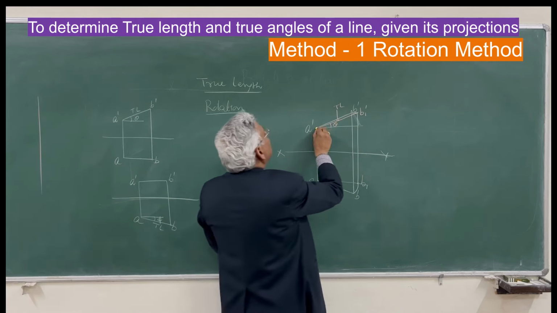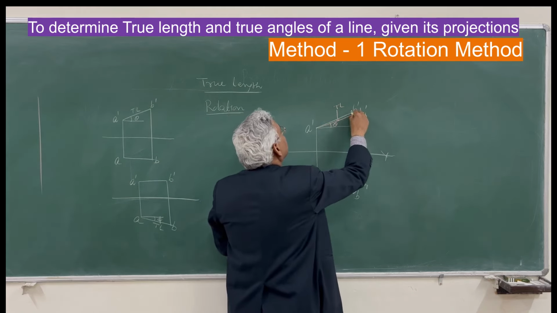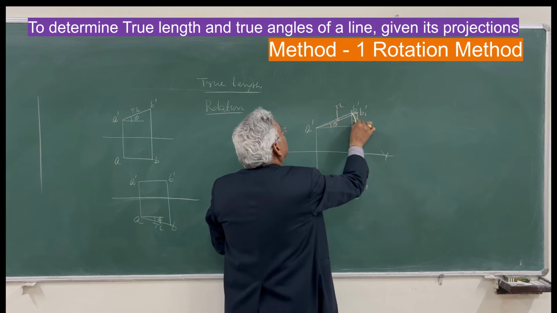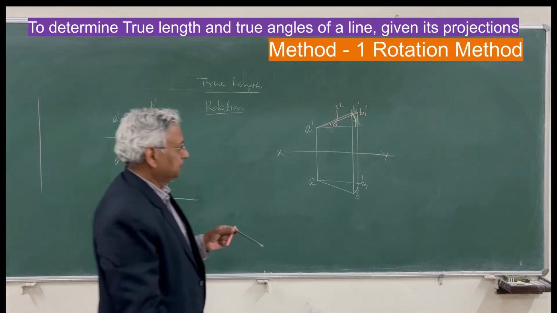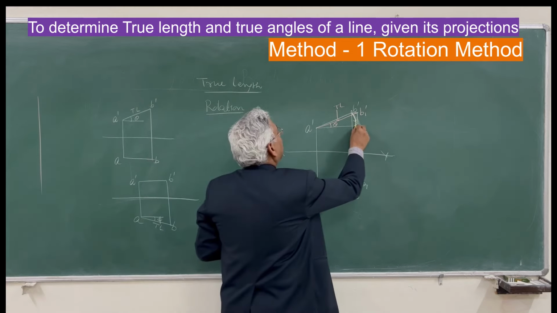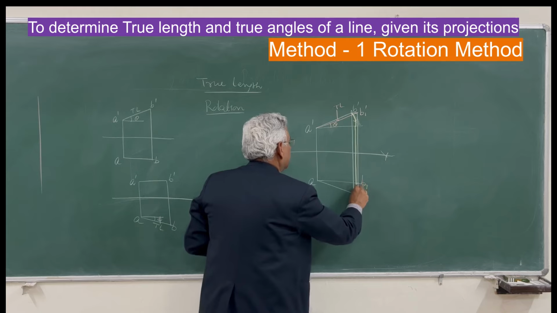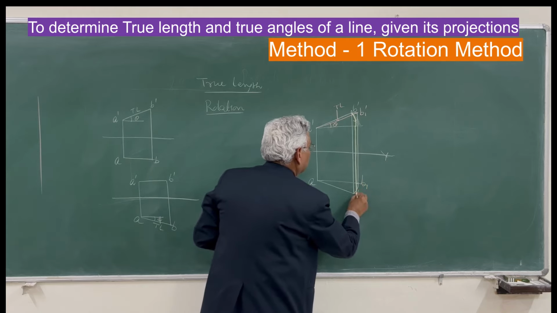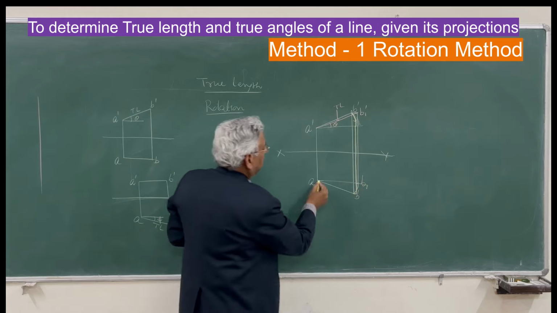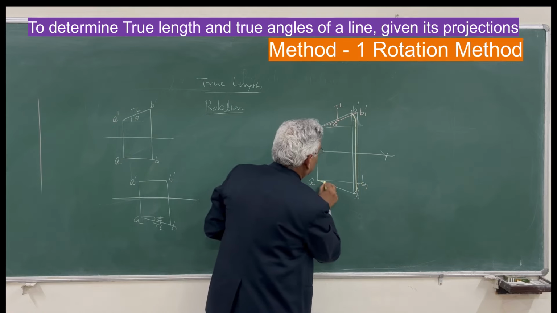So with A dash as center and A dash B dash as radius, you make it parallel to the ground. And from this point, a perpendicular or a projector, and B will move again parallel to the ground line, and then this will be the true length. This will be the true length of the line.